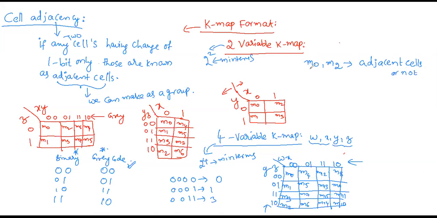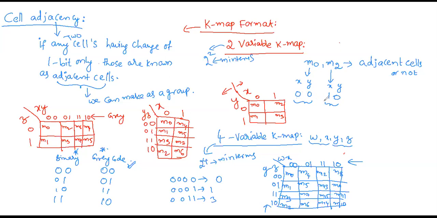Okay. What is M0? M0 is equal to x, y. What is the M0 value? X is 0, y is 0. M2. What is the x value and what is the y value? X value is 1, y value is 0. Now check the values of x and x, y and y.